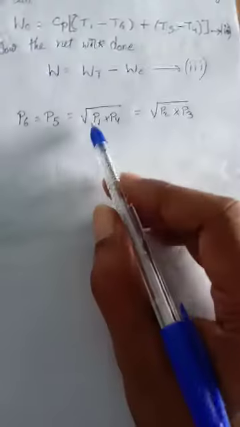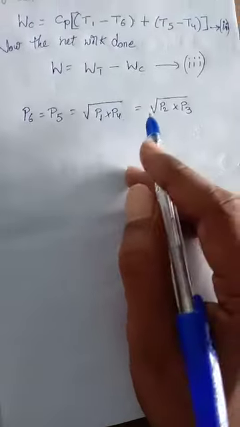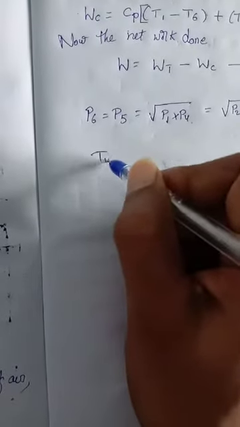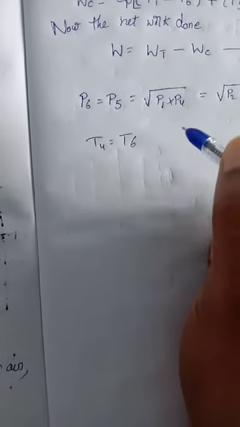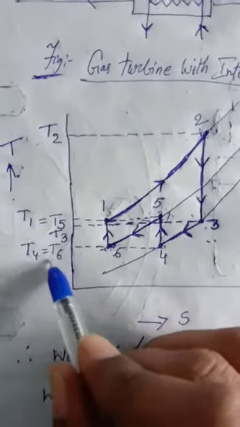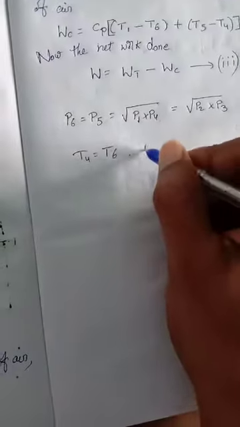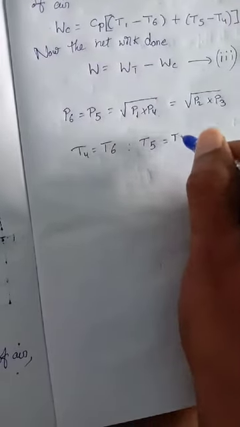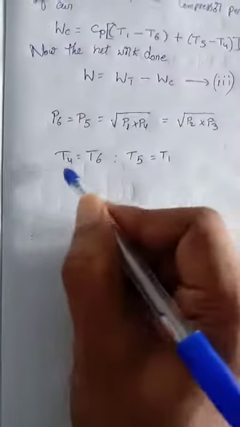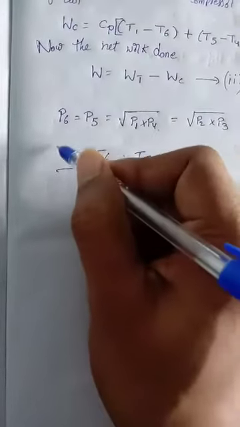So we can write this relation. For perfect intercooling, T4 is equal to T6, and T5 is equal to T1. Okay, so these are the points you can take into consideration.